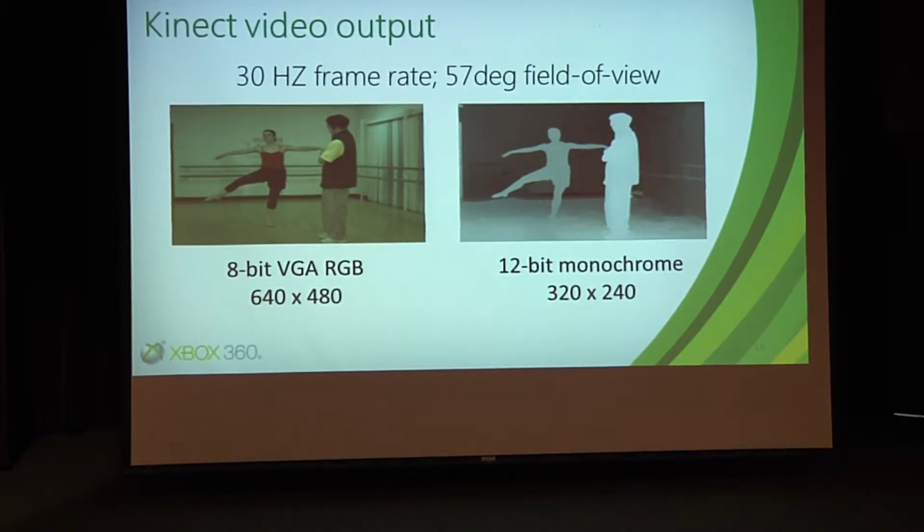Pairing and chaining of Kinects happens when you want to cover a wider angle than one Kinect can provide. For instance, a Kinect typically has a 120-degree field of view, and if you want a 360-degree perspective, I can chain three Kinects together, one looking here, one here, and one here, and get a full 360 perspective of the scene. But your resolution is still going to be 320 by 240, and that's the maximum resolution you can achieve.